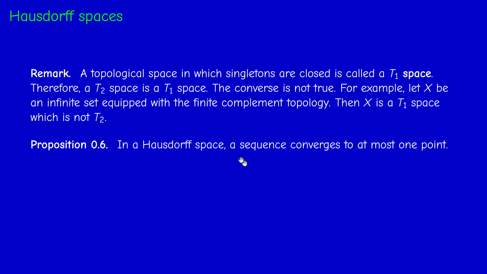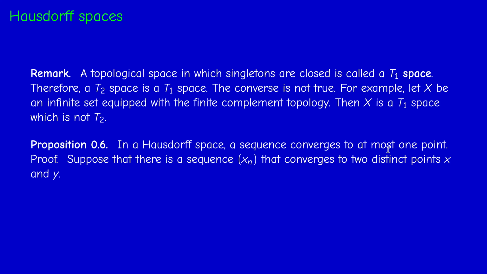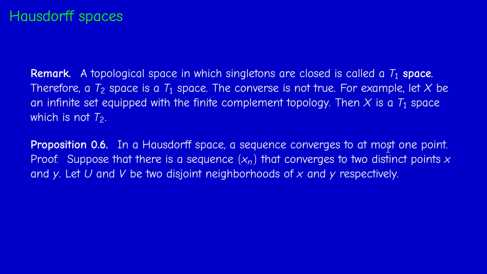Okay, so as I was saying, in a Hausdorff space, sequences converge to at most one point. Why is this so? It's very easy. Suppose that the sequence xn converges to two distinct points x and y.